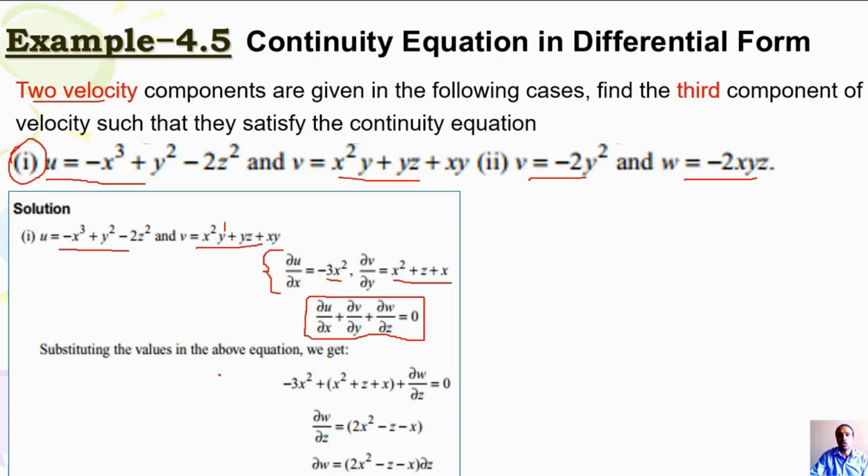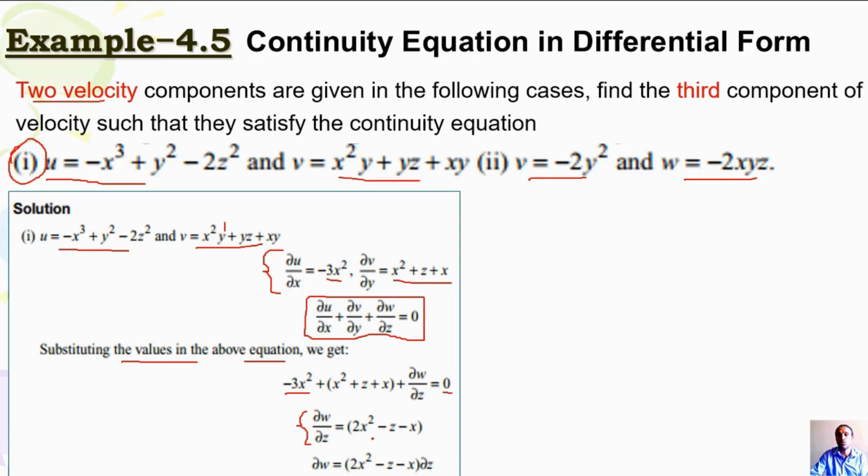So let us see. Substituting the values in the above equation, you simply substitute the values: del u del x plus del v del y plus del w with respect to del z. Del w with respect to del z, you have 2x squared, then minus z minus x.